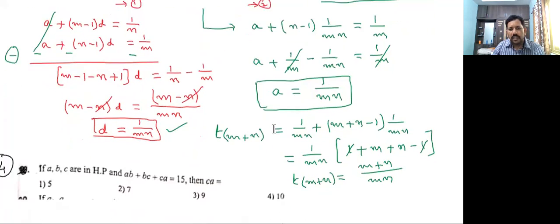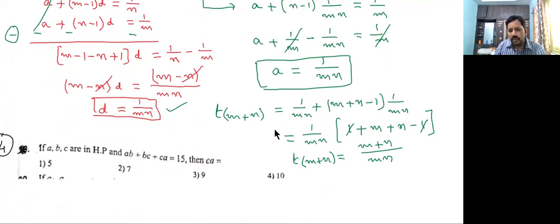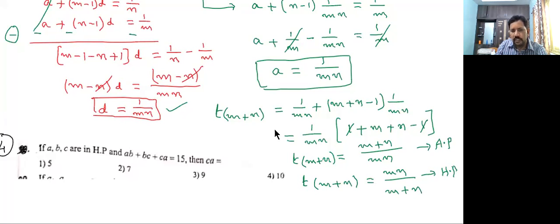We have to write HP series now. This is in AP series, but they are asking HP series. Just write the reciprocal, you will get the answer in HP series. That is mn by m plus n. This is in HP series.